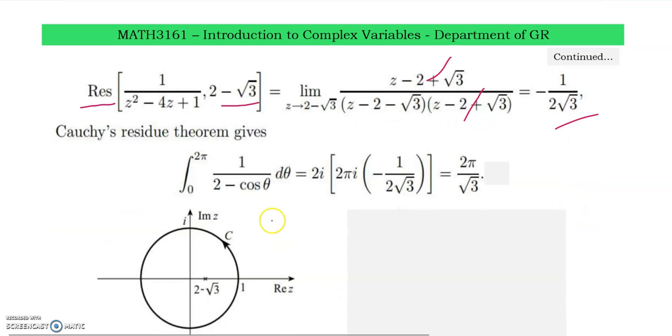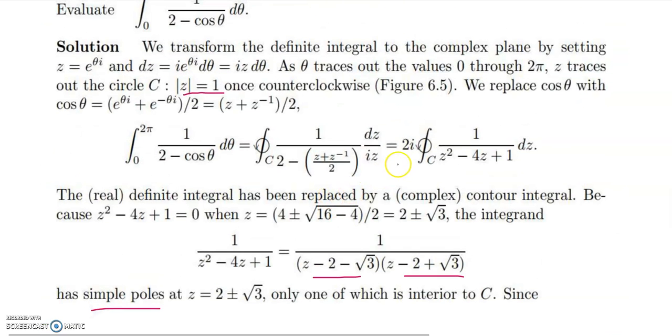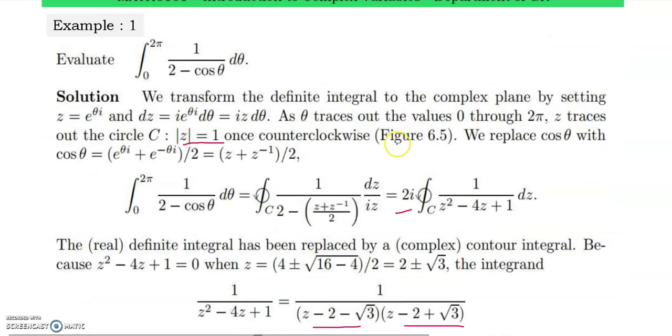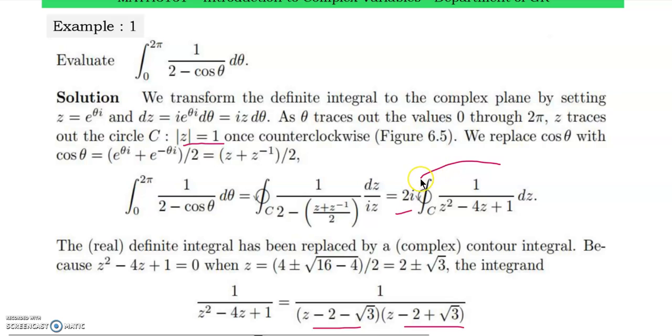So to find the given integration value, we have already calculated that this integration is equal to 2 pi i multiplied by the sum of the residues.